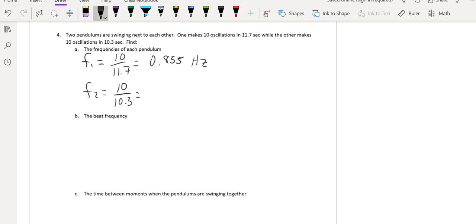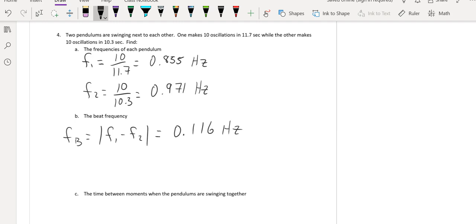It's going to be just slightly less than 1. 0.971 hertz. Okay. The beat frequency is simply going to be the difference between them, absolute value. Okay, so we simply subtract those two, and you get 0.116 hertz. That's the beat frequency.